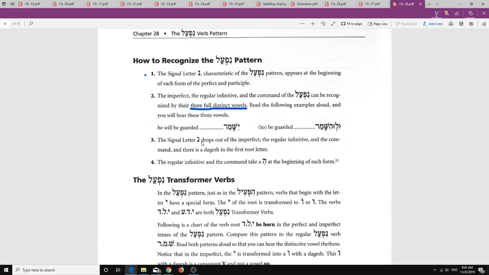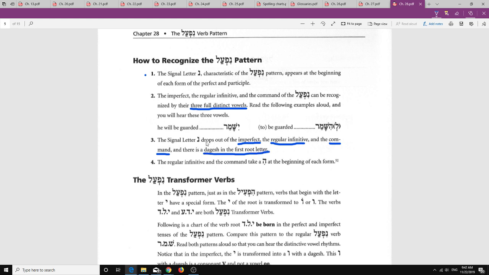Then along with that, the nun does drop out in the imperfect, the regular infinitive, or the infinitive construct as we might call it, and the command. So the signal letter drops out, but then there will be a dagesh in the first root letter.